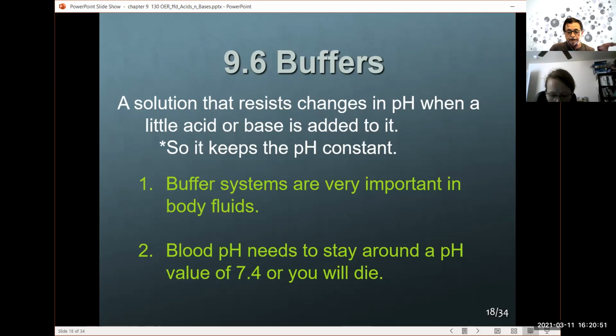If you need a buffer that has to maintain a pH of 3, we can create one very readily, where what that means is if an acid comes into the system, the base part of the buffer would react with it to maintain that pH we made it. Or if a base comes into the system, the acid part of the buffer would react with it to neutralize it to maintain that pH.